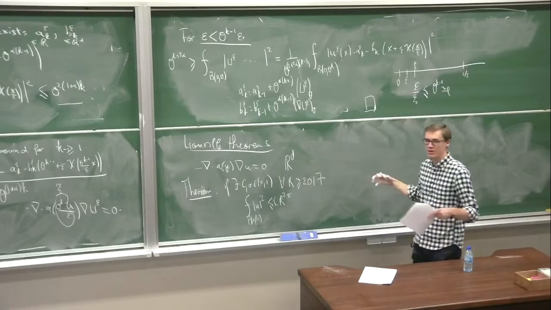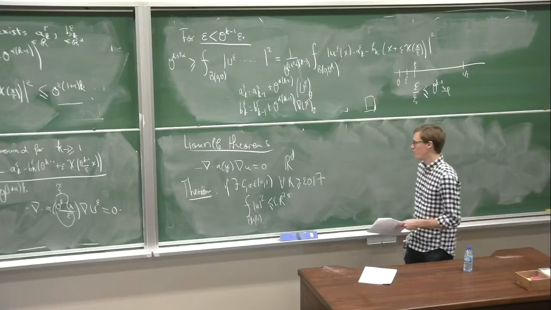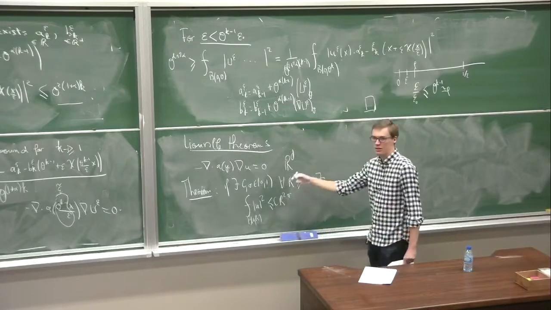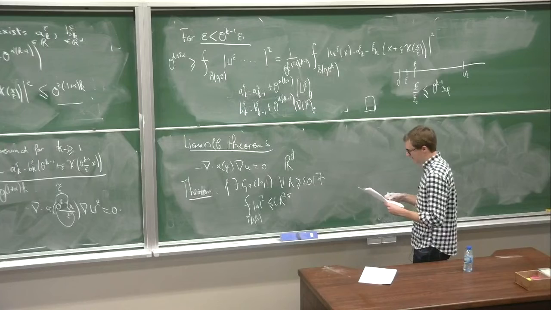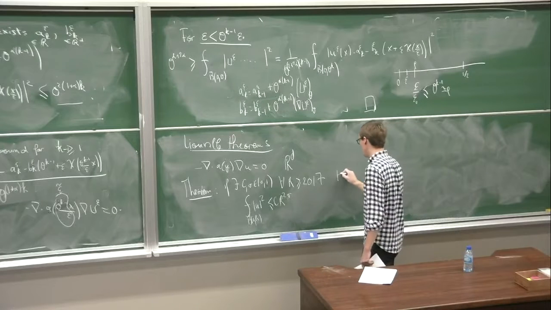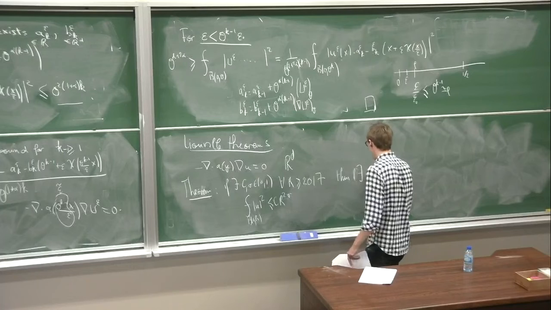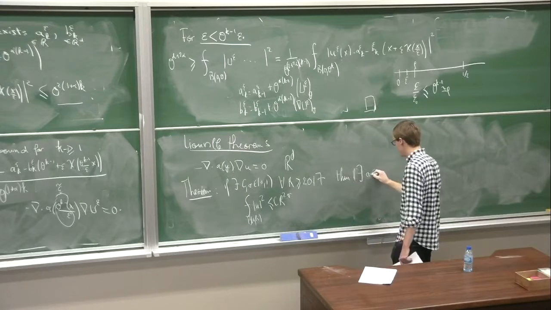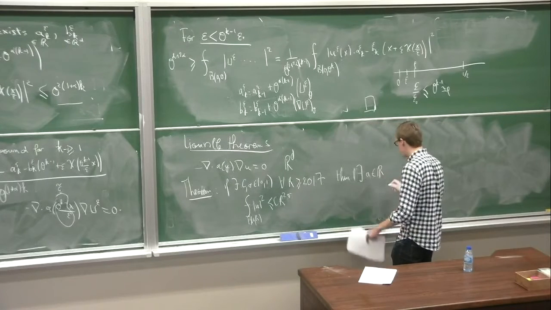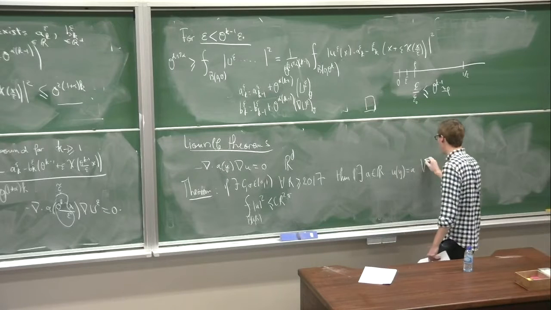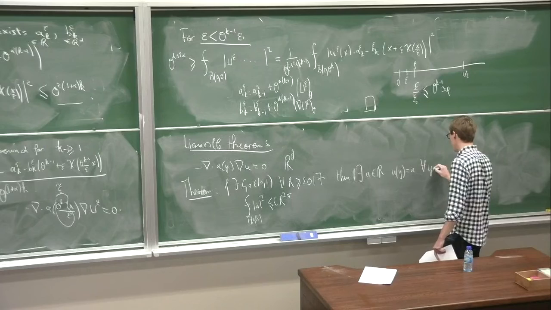So if I have a bound on the growth of u squared for sufficiently large R, then there exists A in R such that u(y) is equal to A for all y in R^d.